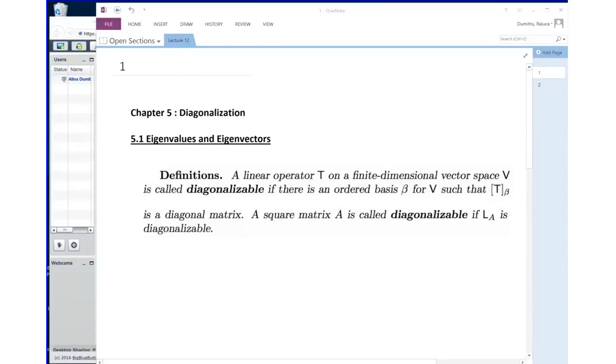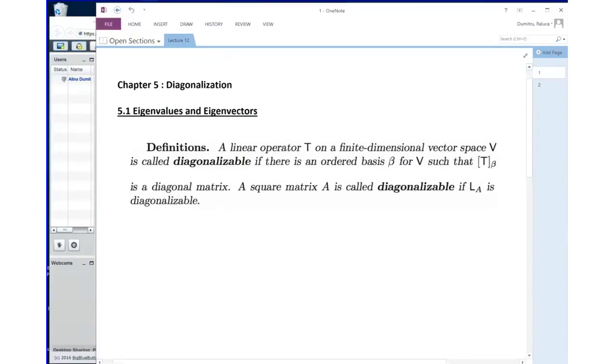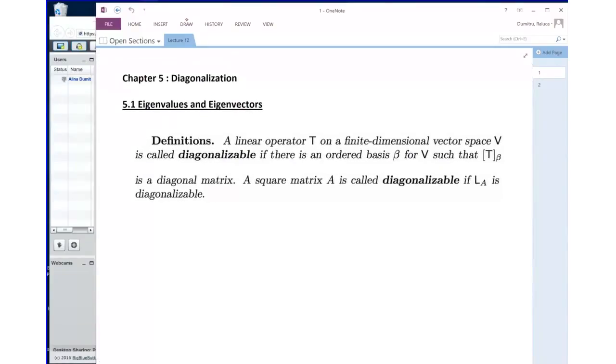Okay, so we're starting chapter 5. By definition, an operator is called diagonalizable if its matrix T beta in some ordered basis beta is a diagonal matrix.